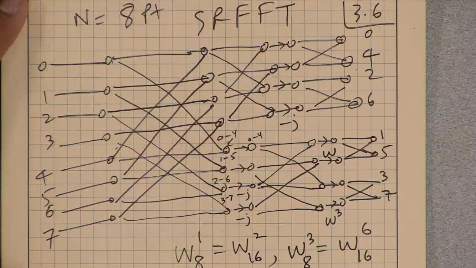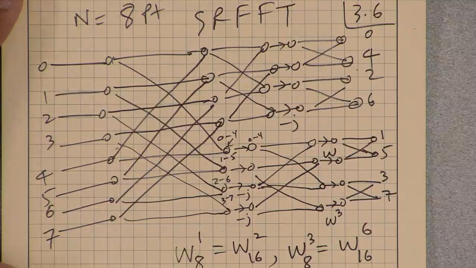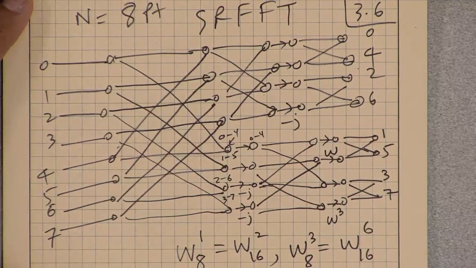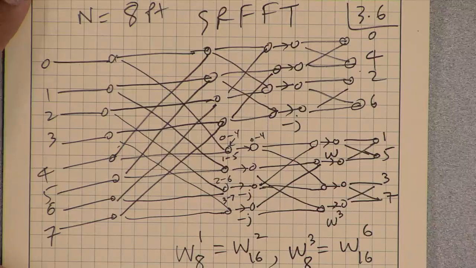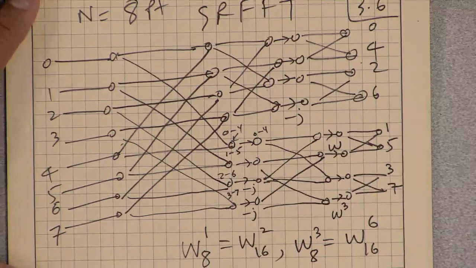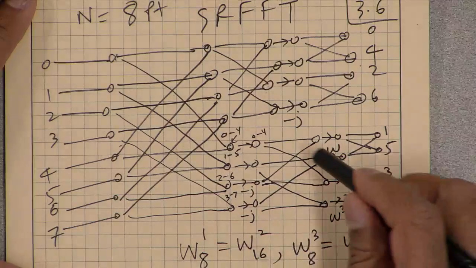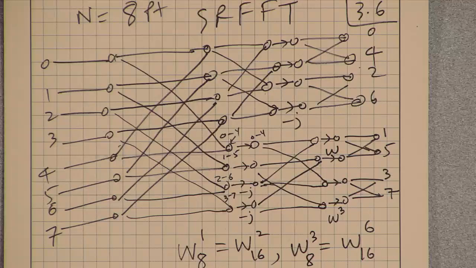What are the advantages of this as compared to other? Excellent question. What are the advantages and why are people interested in these things? Ultimately, the advantage is savings in these twiddle multiplications. The Cooley-Tukey algorithm is a great algorithm.